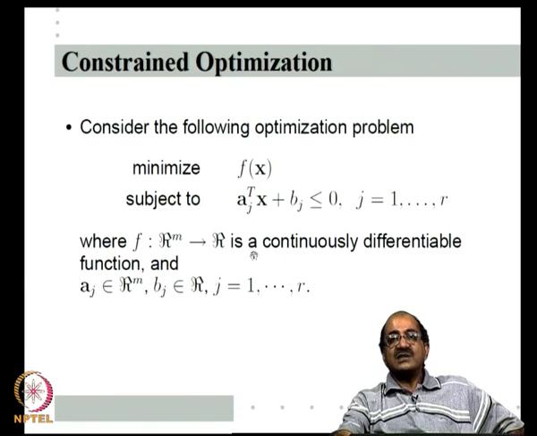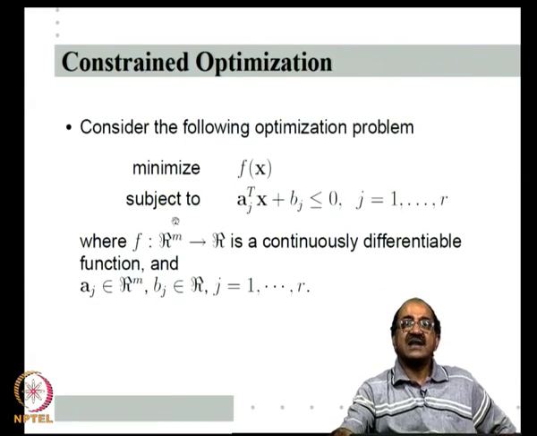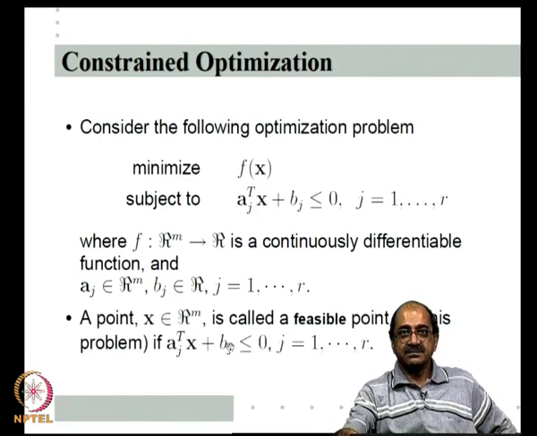So, essentially that is what is meant by when I want to minimize 3x, I have to search over all possible x. So, I have no minimum, but when I say minimize 3x subject to x greater than 0, I need to only search over those x which satisfy my constraints. Okay.